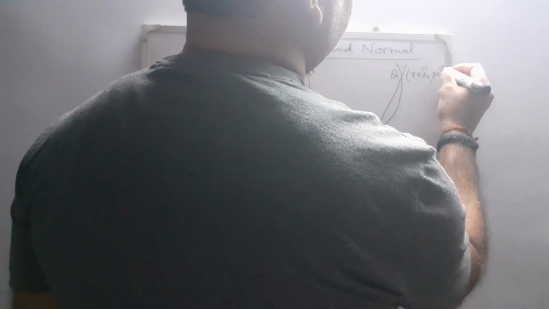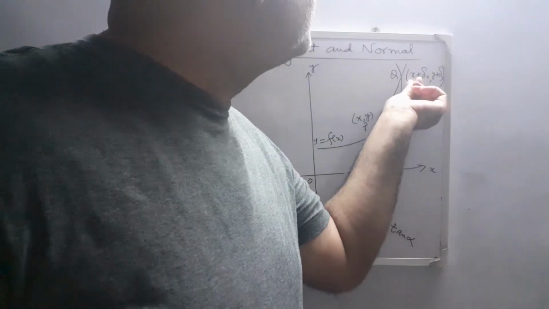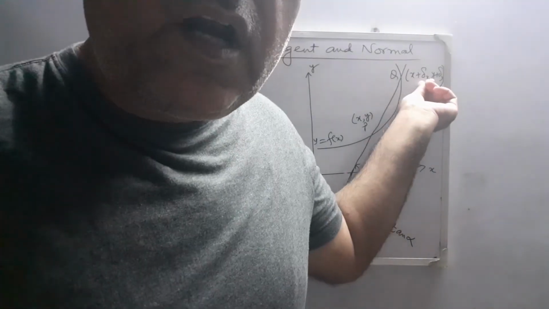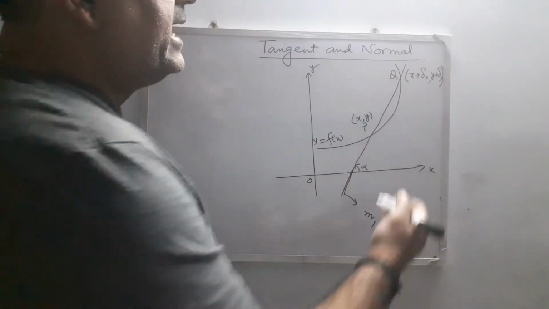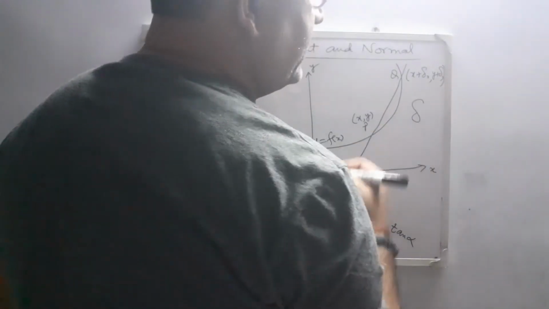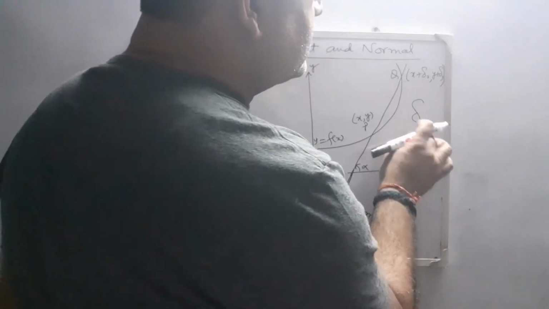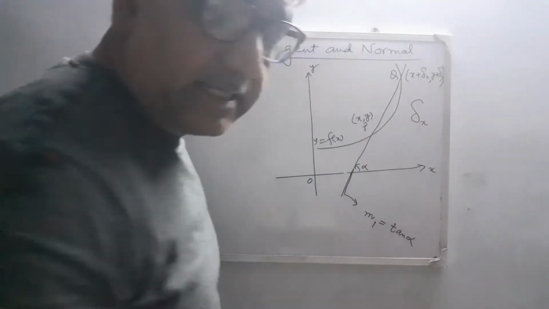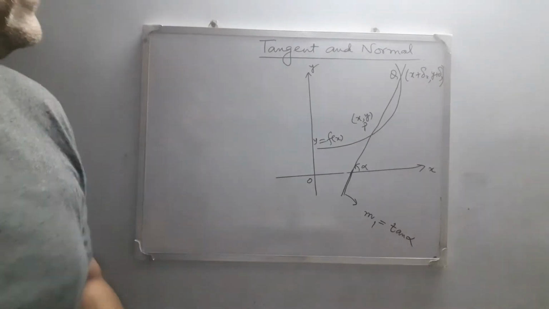Here delta x and delta y we have assumed as a small change in x, that is called delta x, and a small change in y, that is called delta y. This symbol is delta, and delta x stands for a small change in x. It means that we have coordinates of point P as (x, y).